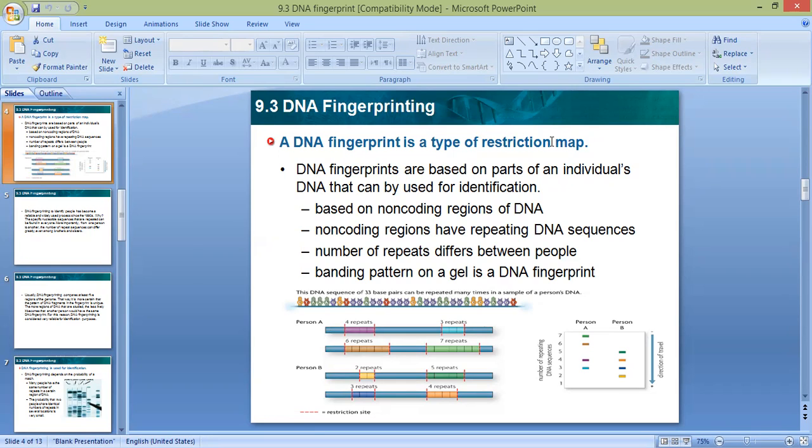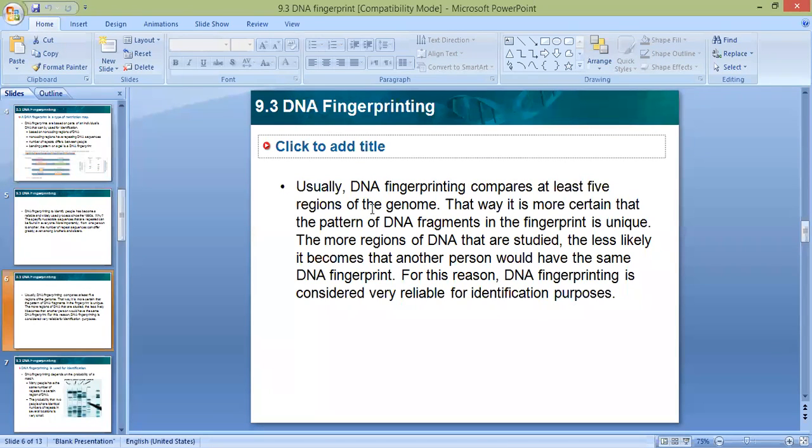The genome means all of your DNA, all the chromosomes. That is why when you study DNA fingerprinting it compares at least 5 regions of the genome. I must choose 5 locations on the DNA. That way it is more certain that the pattern of DNA fragments in the fingerprint is unique.